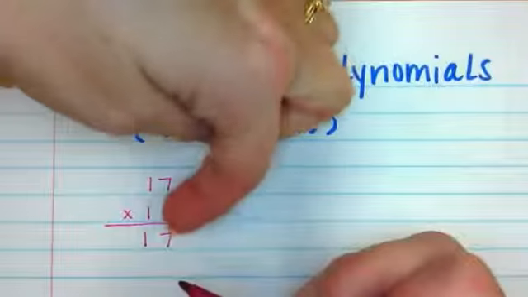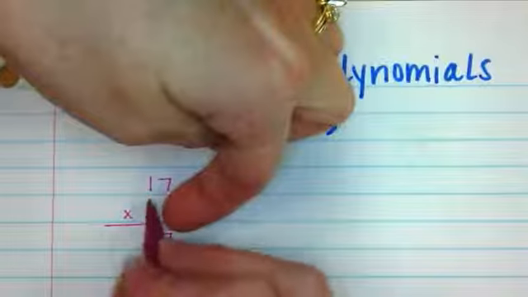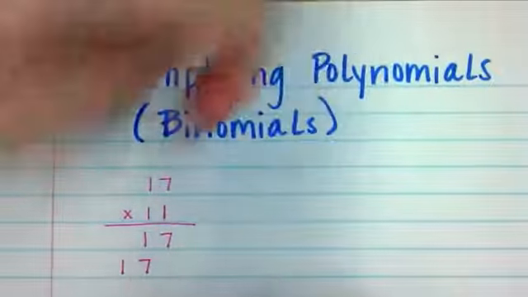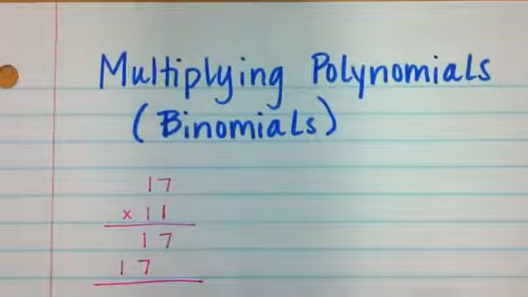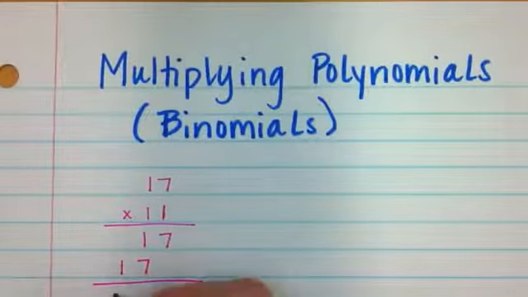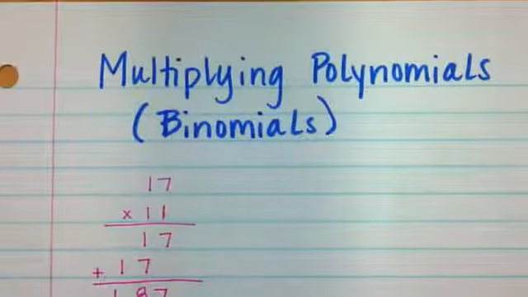And then we go over here and multiply this 1 to the 7 and that 1 to the 1. And then we match up the like terms, so to speak, and we would end up with 187.